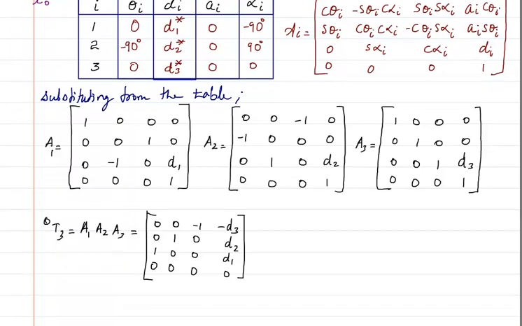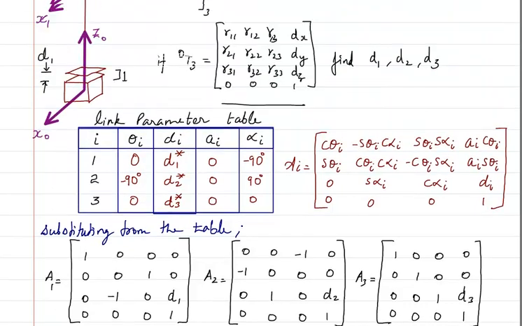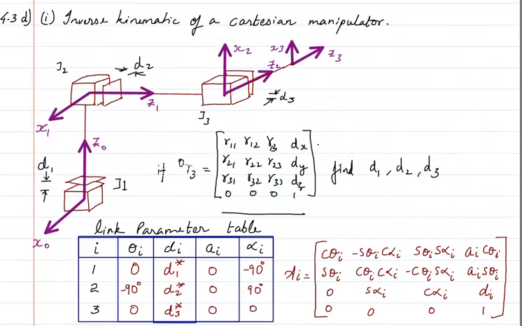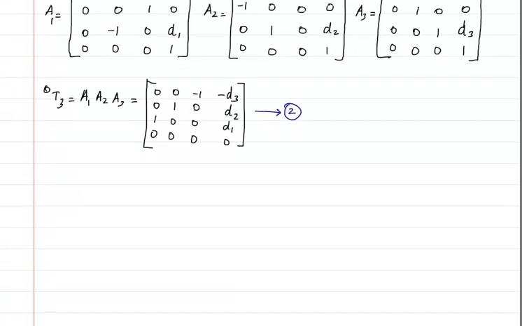Now I will write this as equation number 2, and this is our equation number 1. This is something that is given, and we have to find d1, d2, d3 by equating these two.